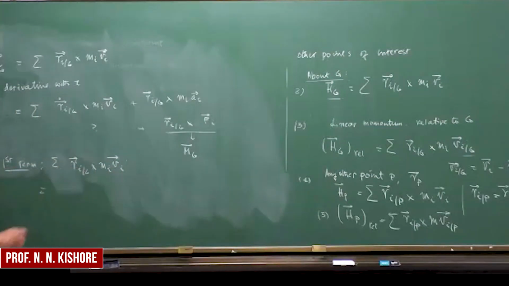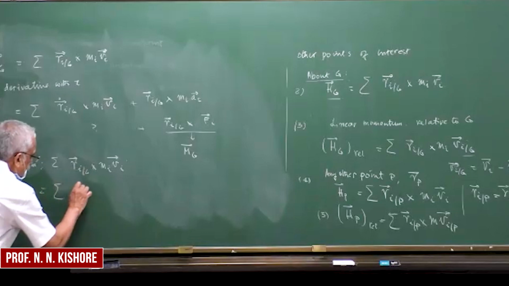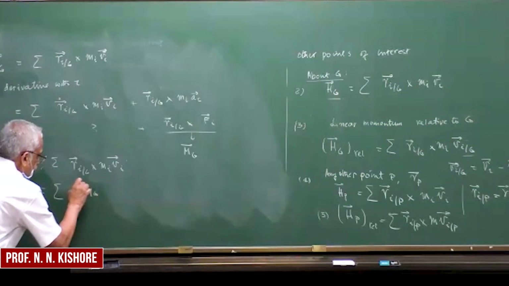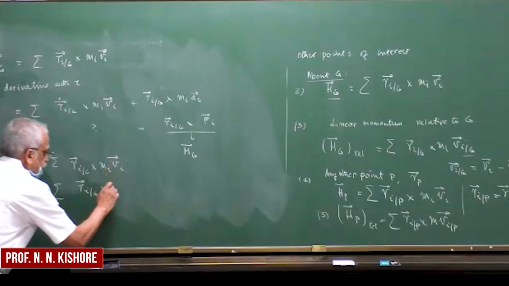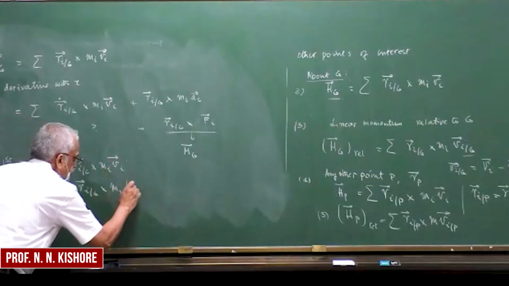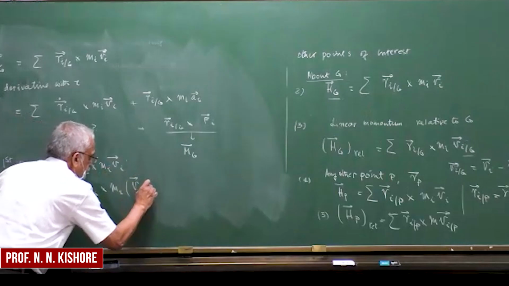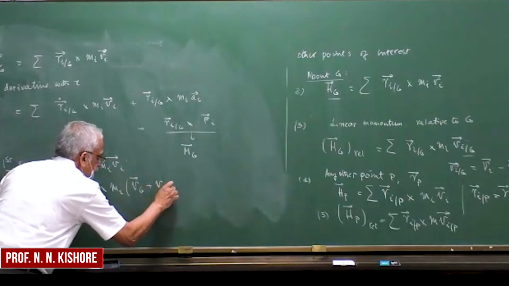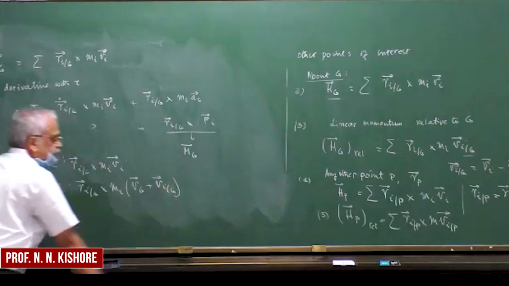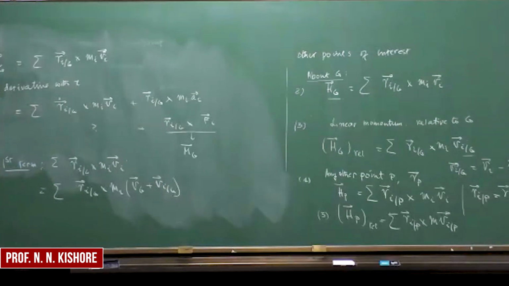We can write it interestingly. This Vi we write as velocity of G plus the relative velocity. So the first one, Vg, is common to all.